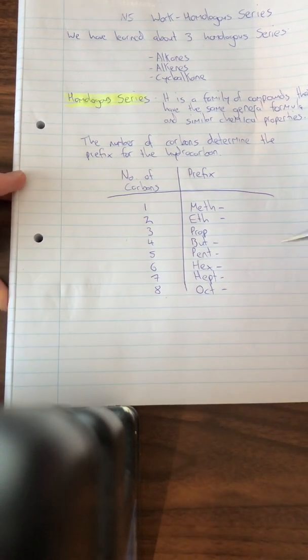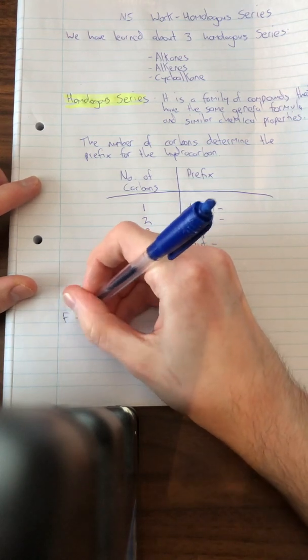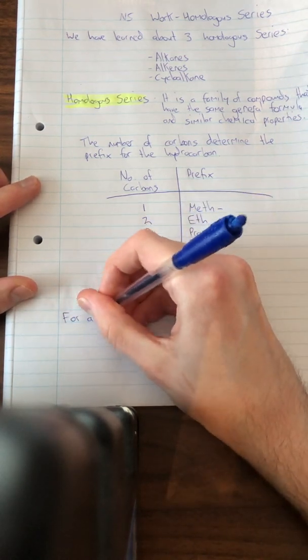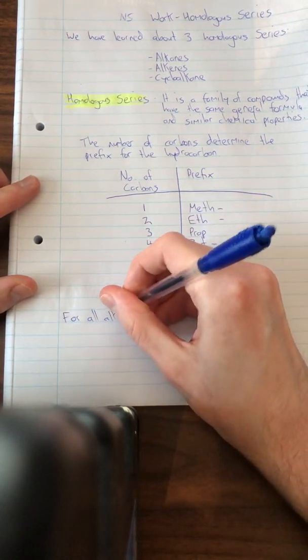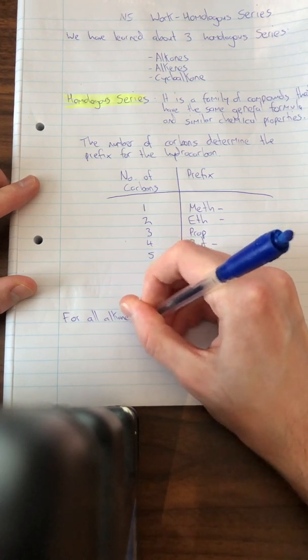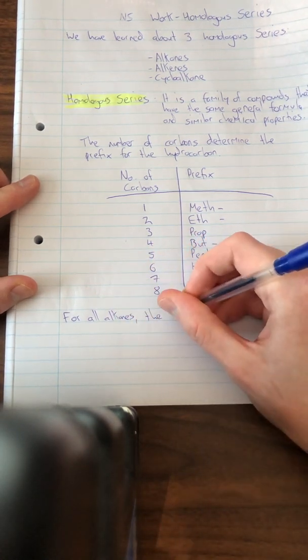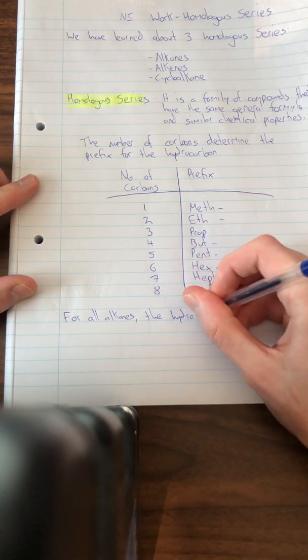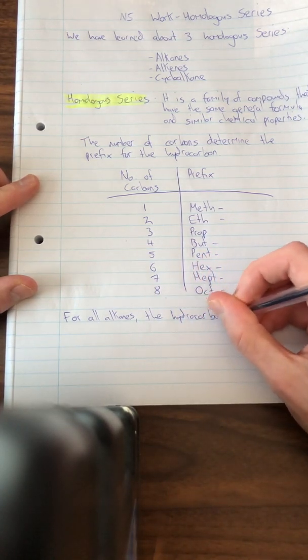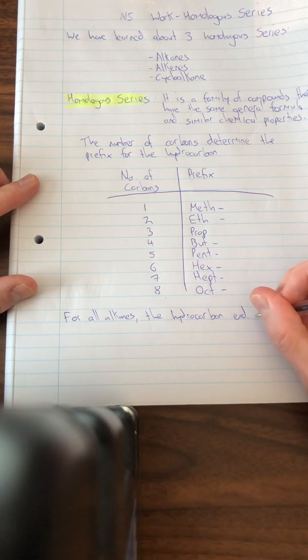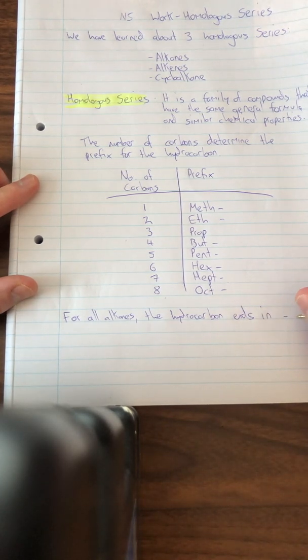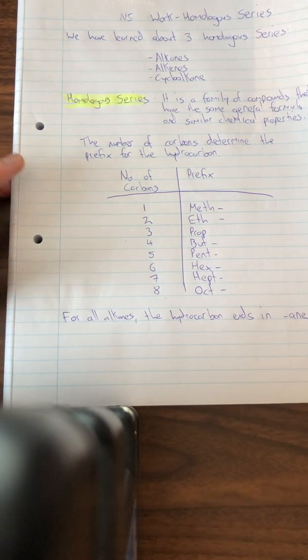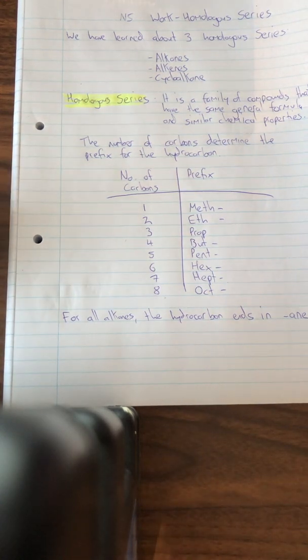Now, this bit here you should also know: for all alkanes, the hydrocarbon ends in ane. So alkanes end in ane.